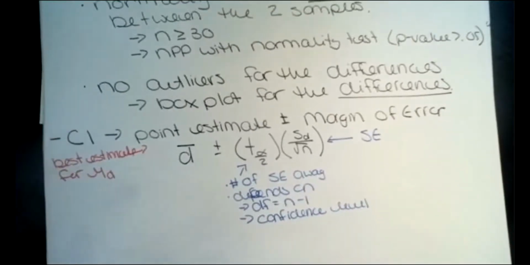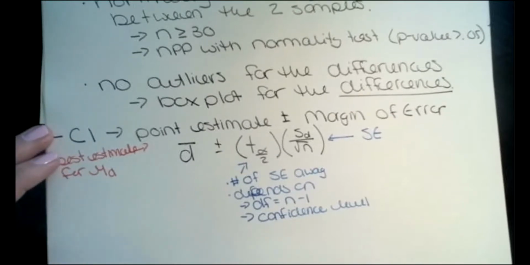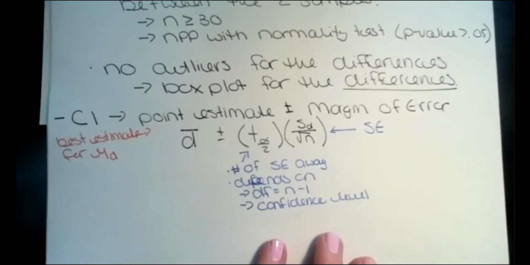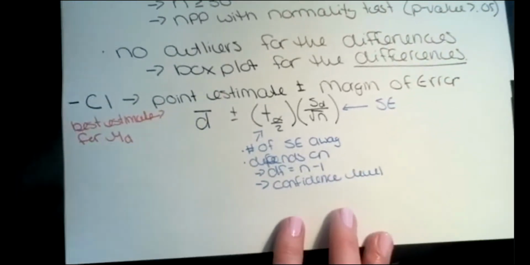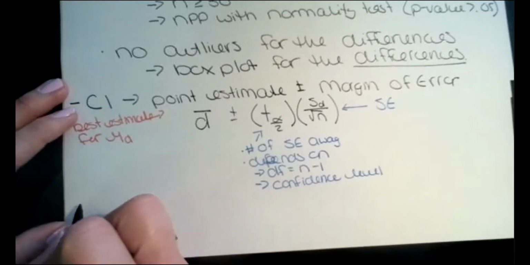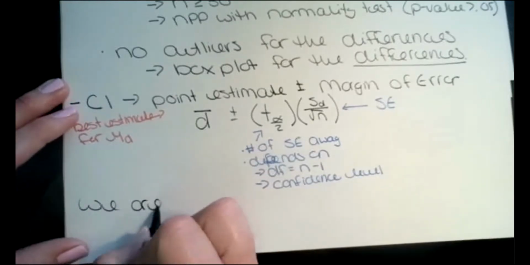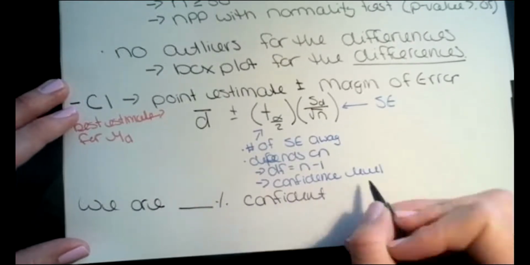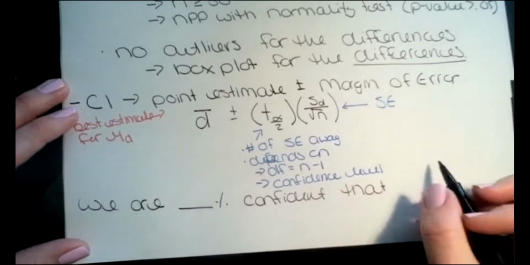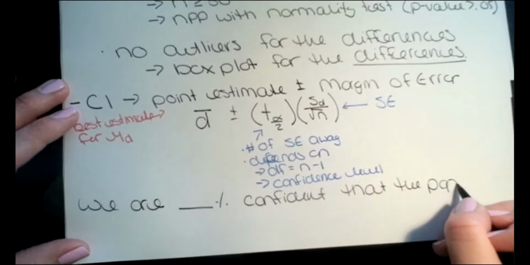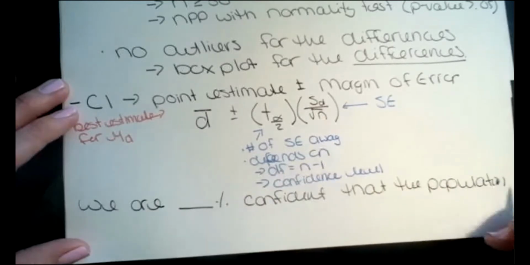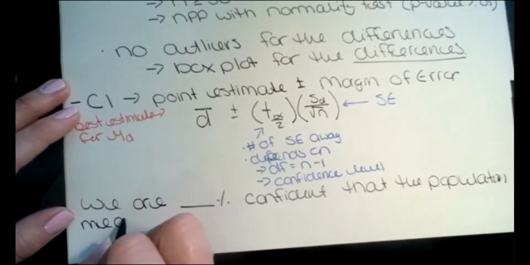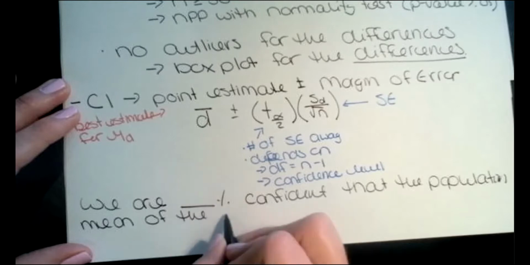Okay. When we're looking at a CI, of course, we want to interpret our CI, and it's the same as last class. It's just my location of the word difference has moved. So we say we are whatever percent confident that the population mean of the differences. There it is.